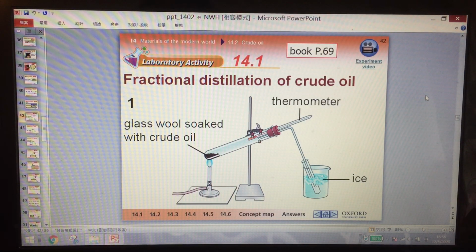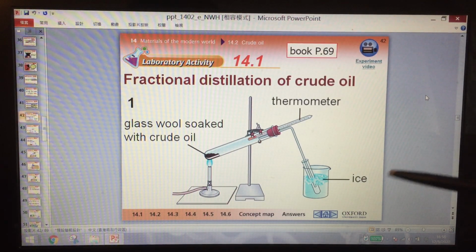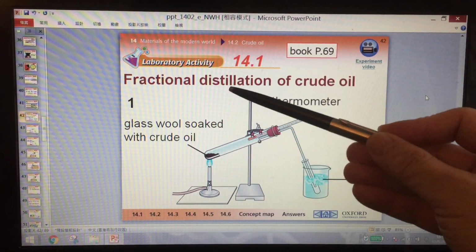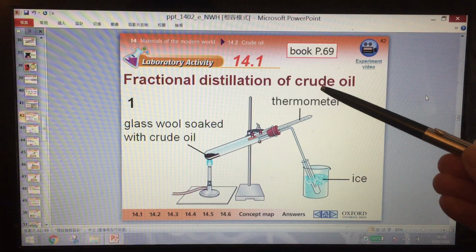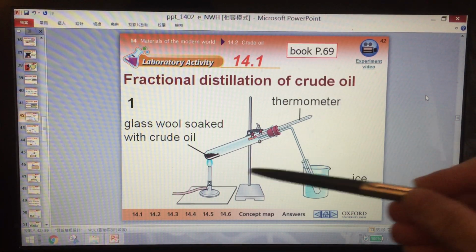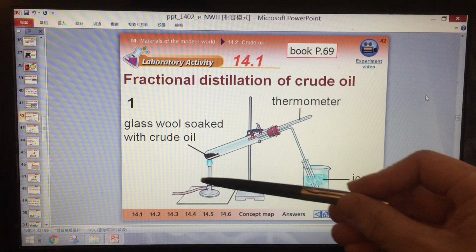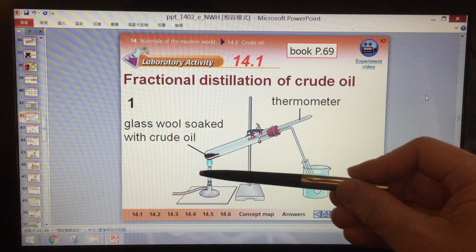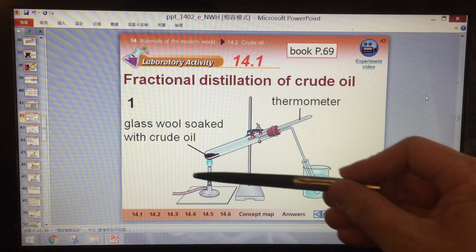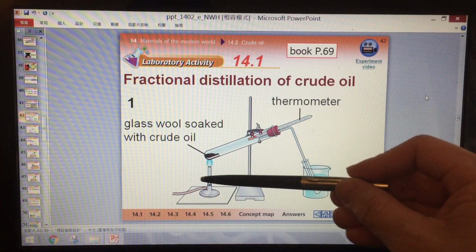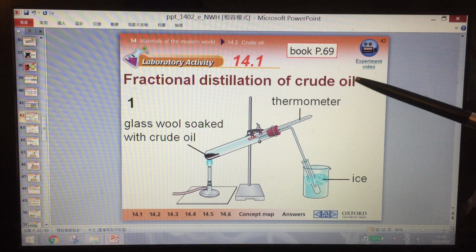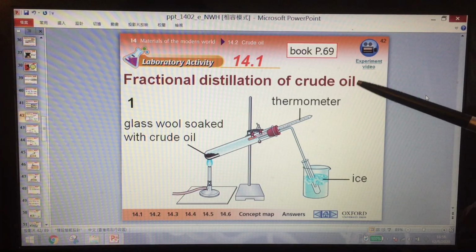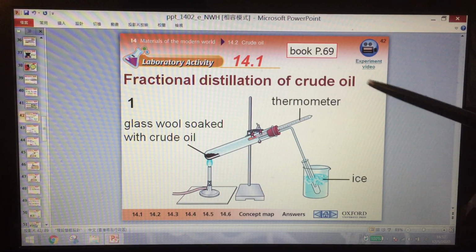Okay, we take a look at the experiment. This is fractional distillation of crude oil. We will increase the temperature here step by step, and we will start with the lower temperature. Then we want to separate different size molecules.